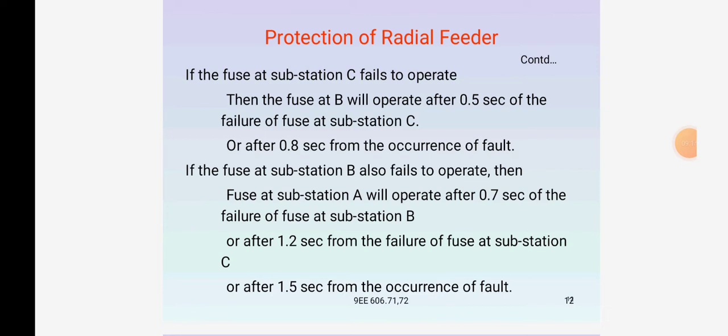If the fuse at substation B also fails to operate, then the fuse at substation A will operate after 0.7 seconds of the failure of the fuse at substation B, or after 1.2 seconds from the failure of the fuse at substation C, or after 1.5 seconds from the occurrence of the fault.